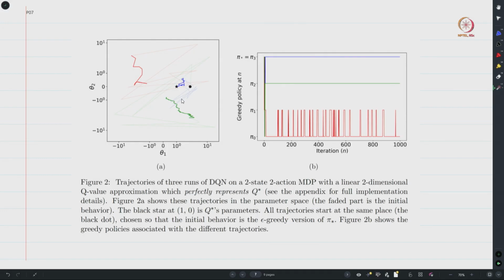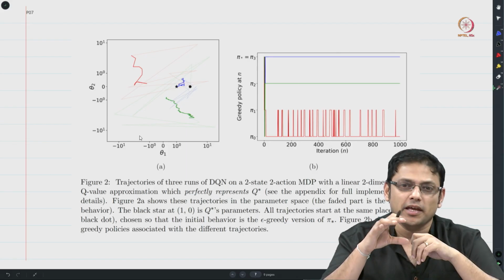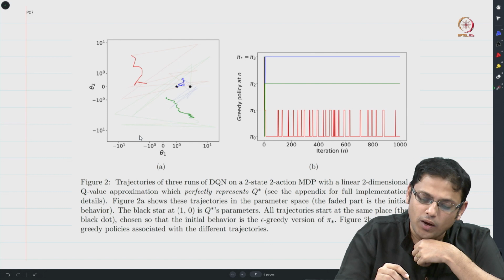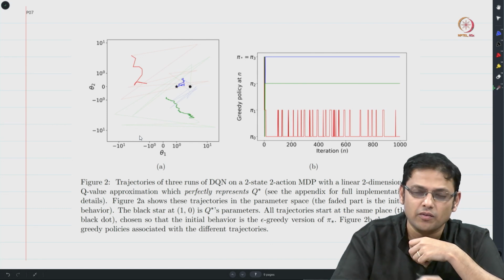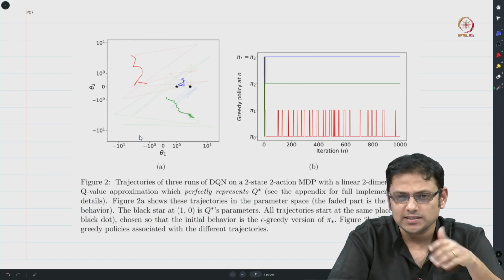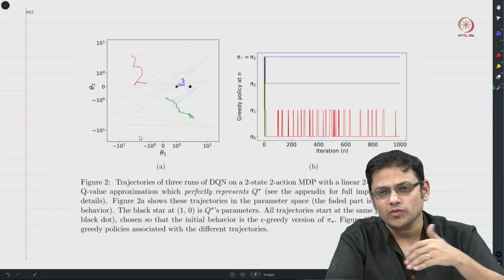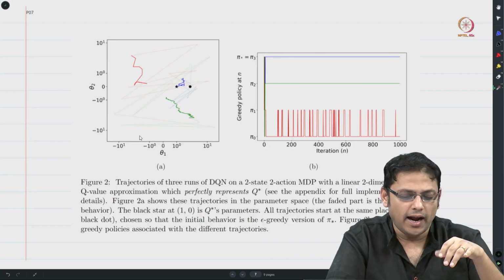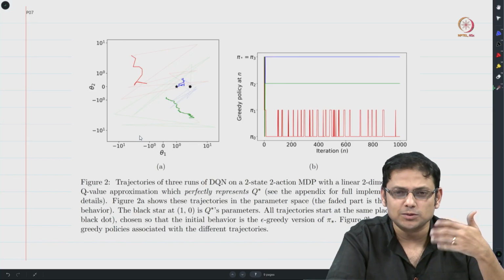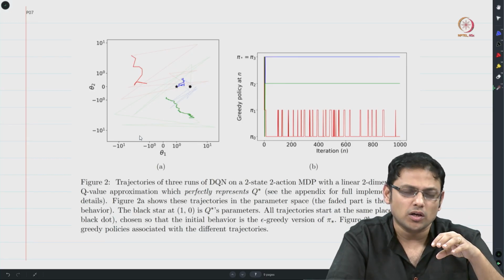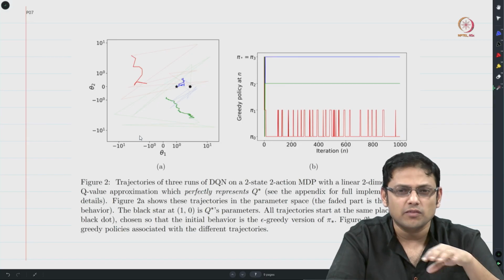You can see that for every color there is some faded part and some solid part. The faded part corresponds to the initial behavior of the trajectory, and the solid part corresponds to the tail behavior. Is this okay? One can see a lot of this zigzag behavior. This is because there is noise in your update rules, and the noise makes you jump around, but eventually, as the step size becomes smaller and smaller, your iterates start stabilizing and go somewhere.